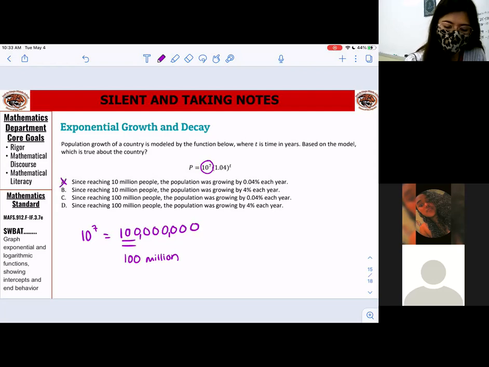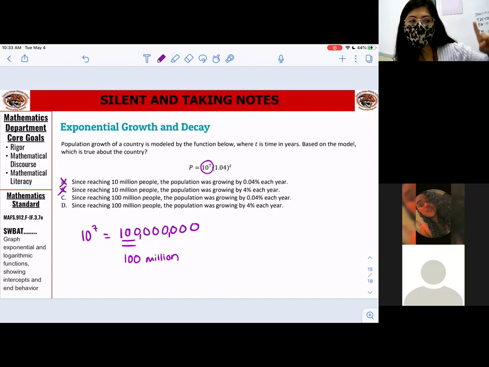So it's not A or B. If you chose A or B, I want you to rethink your answer and now think of which one it is going to be. Is it going to be C or is it going to be D? I'll give you another 15 seconds.